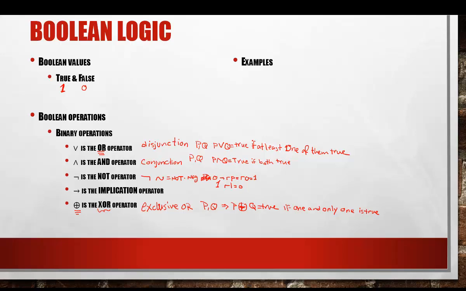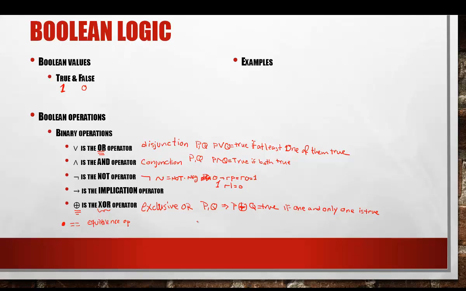The negation of this is what we call the equivalence. The equivalence operator, or the equality operator, is true if both of the statements have the same value, meaning if one is false, the other is false, and if one is true, the other is true, then the result will be true, otherwise it will be false.